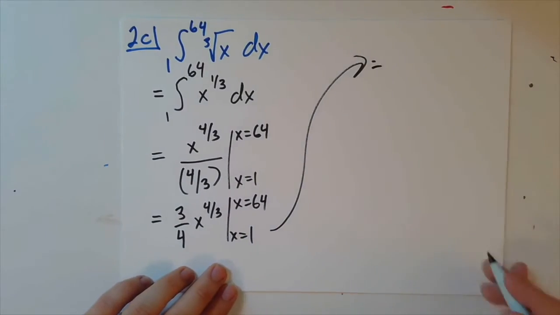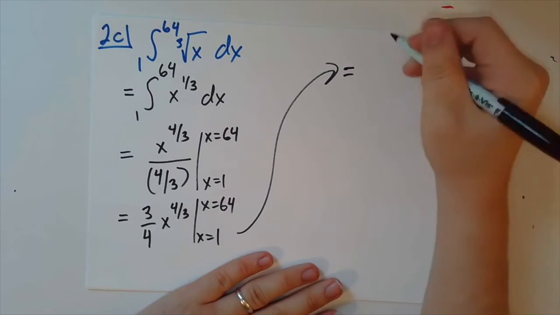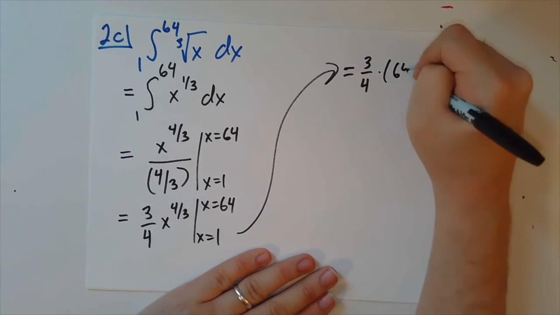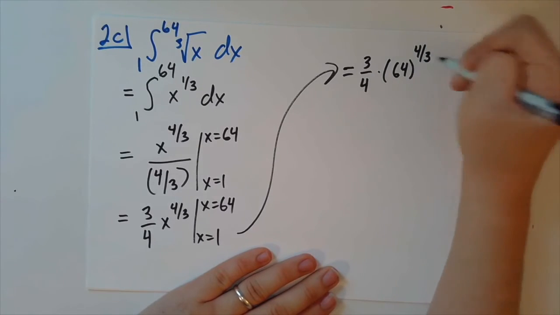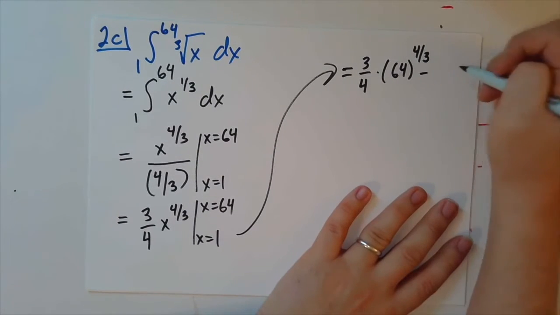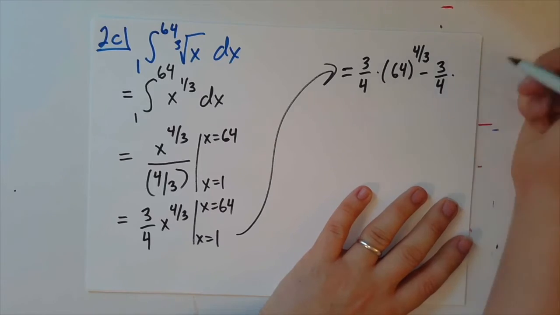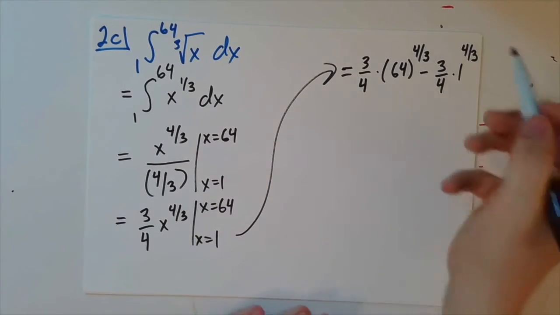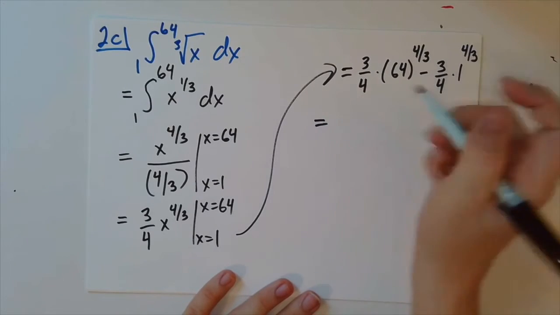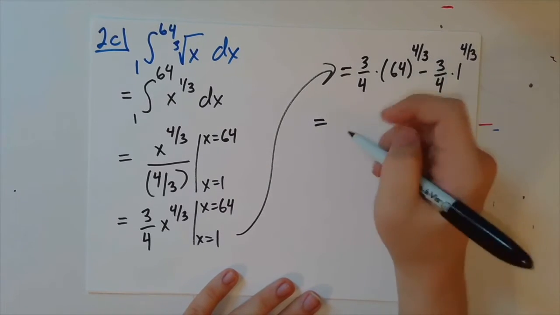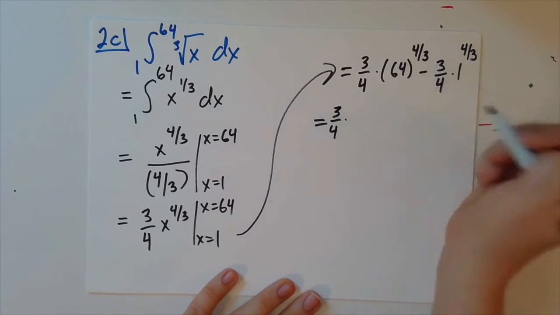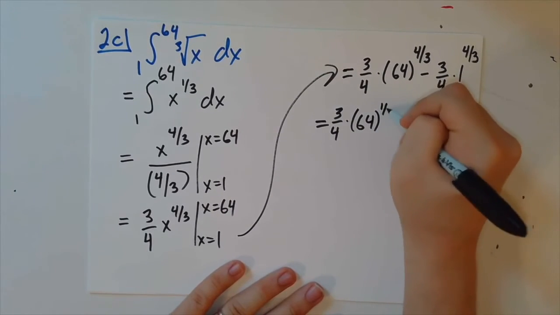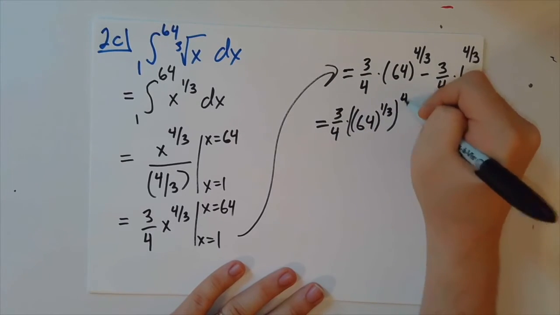Okay, and so this is going to be 3/4 of 64 to the 4/3 minus 3/4 of 1 to the 4/3. Okay. Remember, when someone gives you the 64 to the 4/3, you want to think of that as 64 to the 1/3 to the 4th.